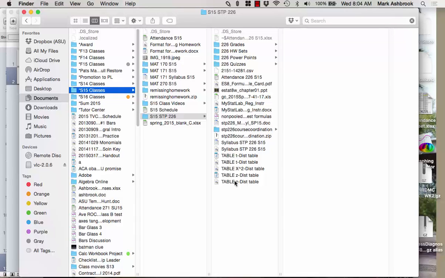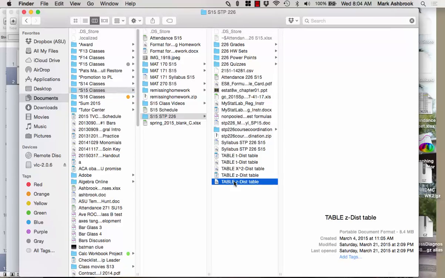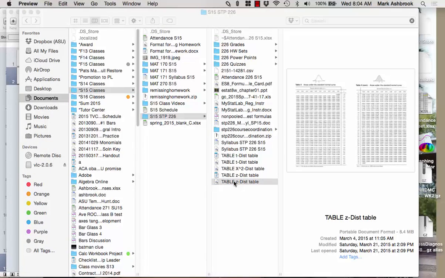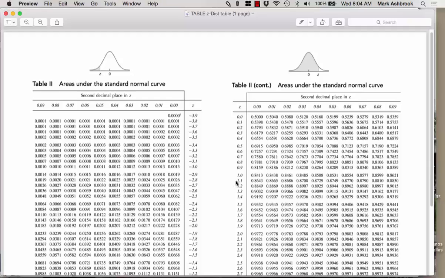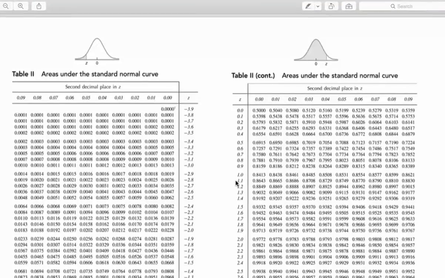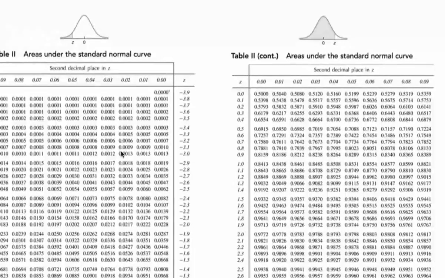Table. Z distribution table. Okay, there it is.